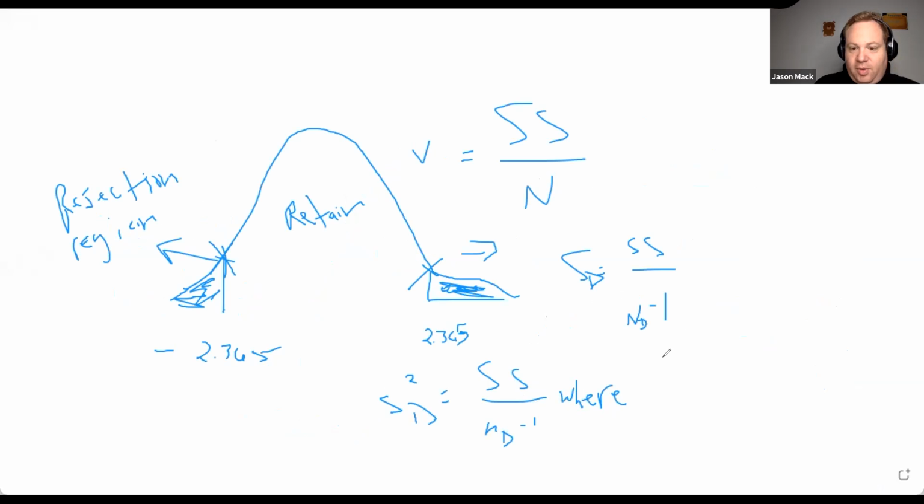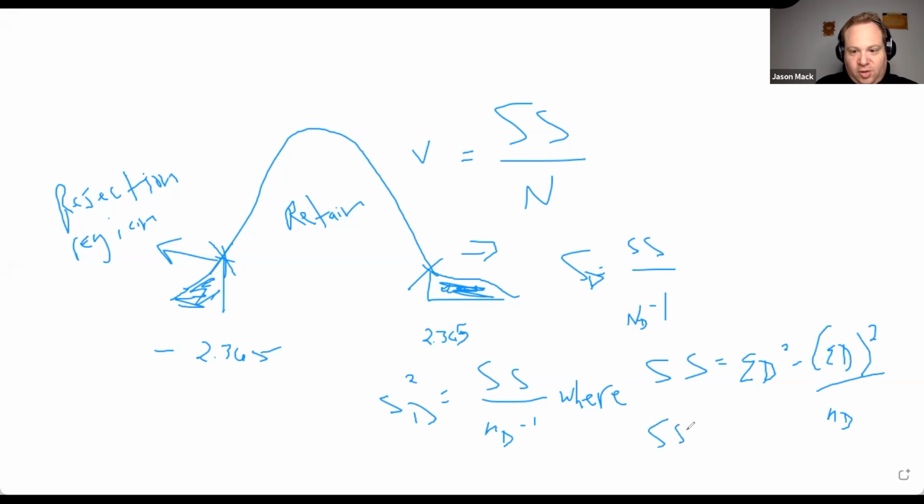the sum of the squares is equal to the sum of the difference squared minus, in our numerator, the sum of the difference squared over the difference of the sample population.